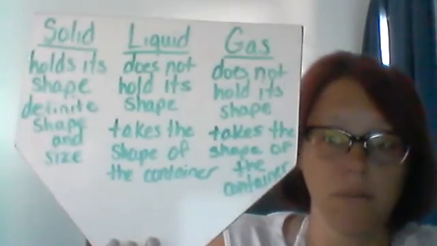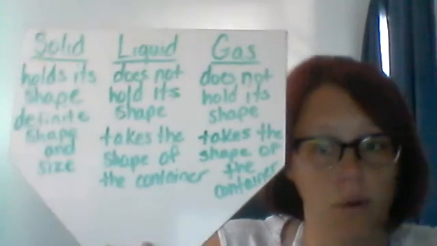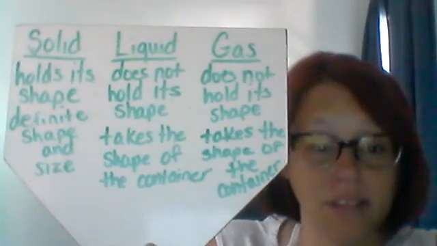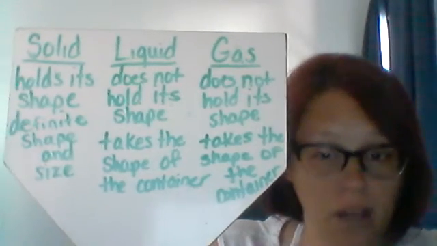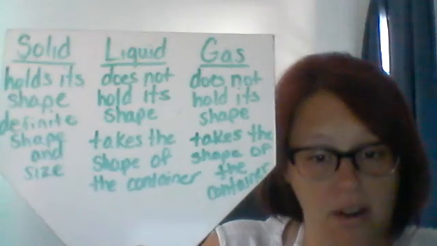But I want you to remember, solid holds its shape. It has a definite shape and a definite size. Liquids and gases do not hold their shape, and they take the shape of whatever container they are in. So those are the important things I want you to remember about the phases of matter.